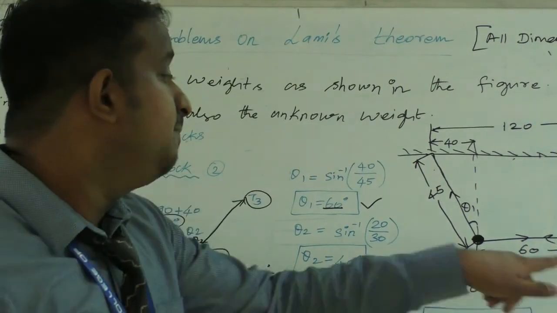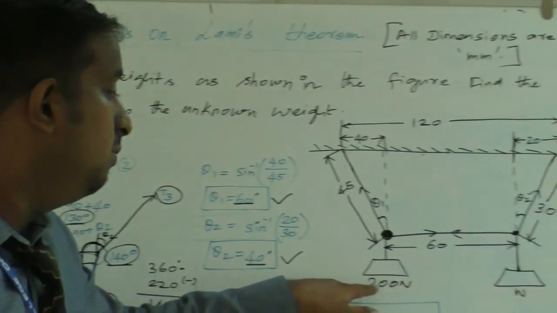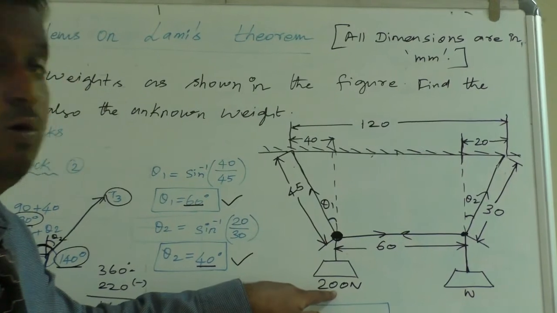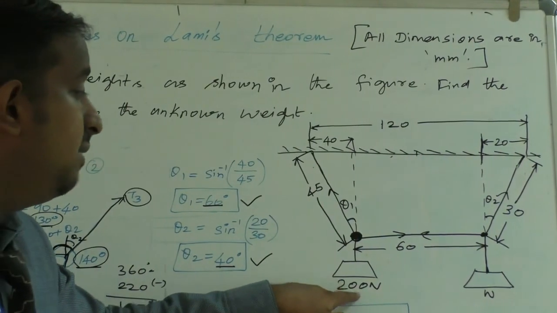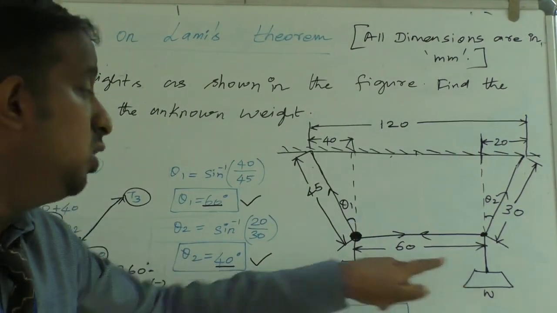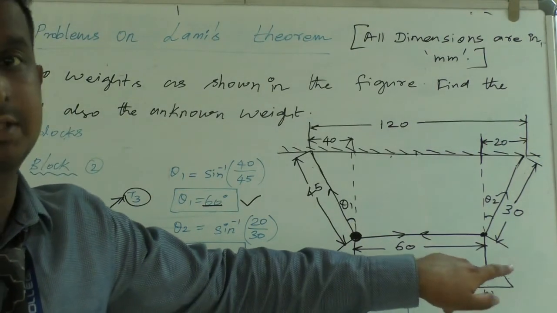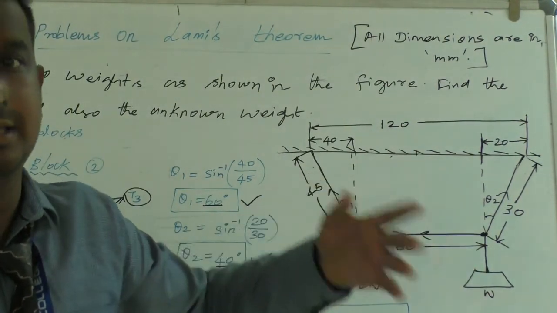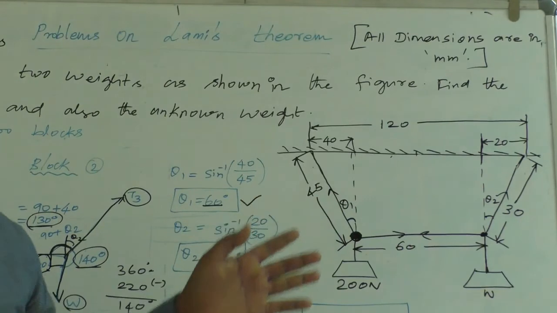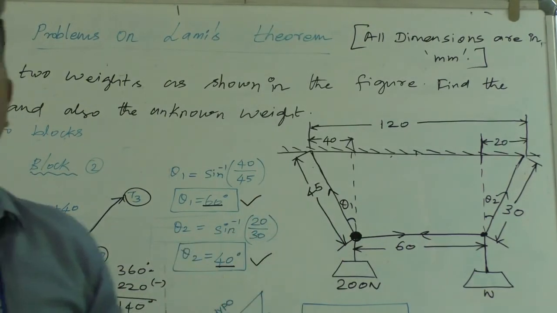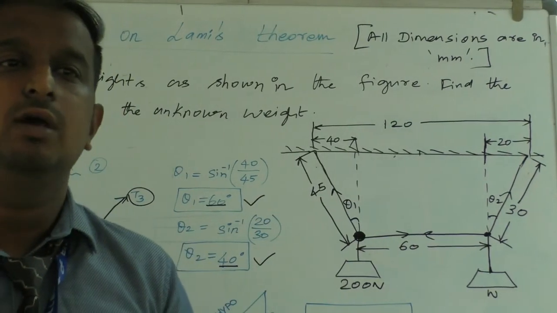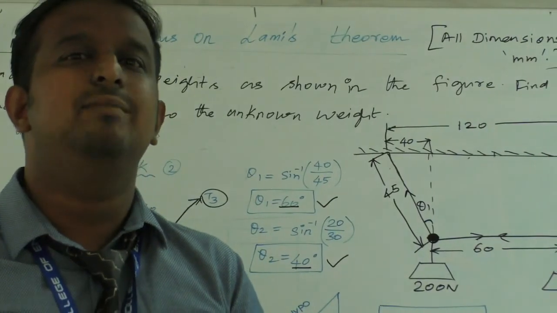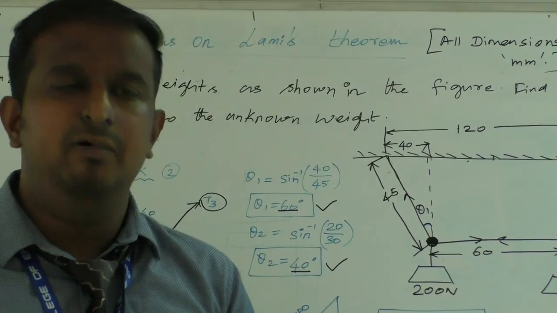Either we can cut the value of 200 Newton and keep it as W1 and W2, and we need to find both unknown weights. Lots of problems will be asked like this. In the upcoming videos, we will discuss resolution of forces and Lami's theorem problems in brief.